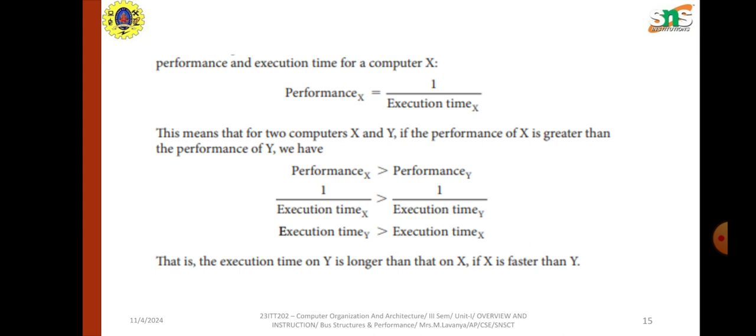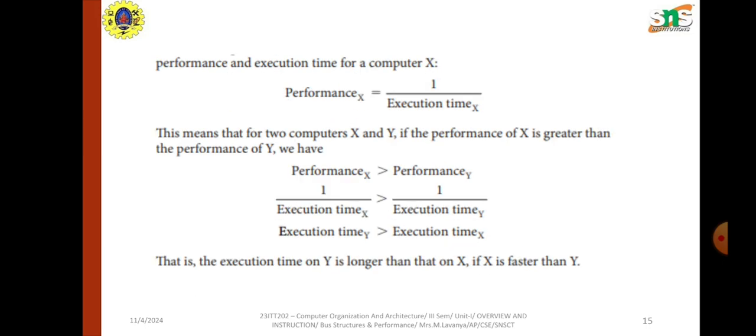So 1 by execution time of X is greater than 1 by execution time of Y, and while moving the denominators to the other side as numerators, we have execution time of Y is greater than execution time of X. From this we can conclude that if the performance of system X is greater than the performance of system Y, then obviously the execution time of a program in system Y must be greater than the execution time of the program in system X.